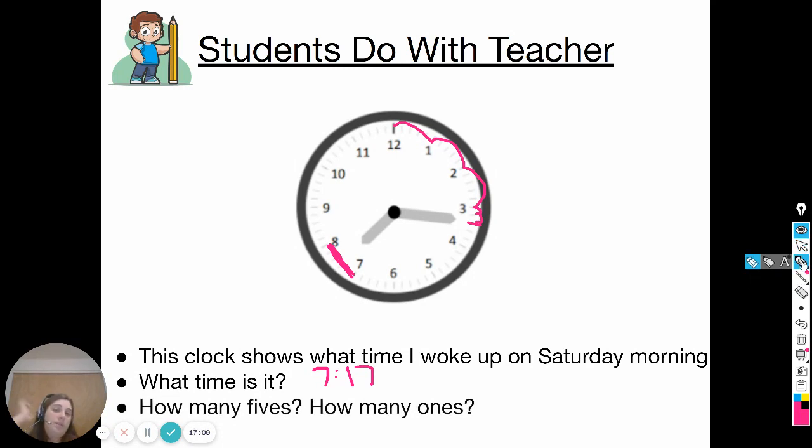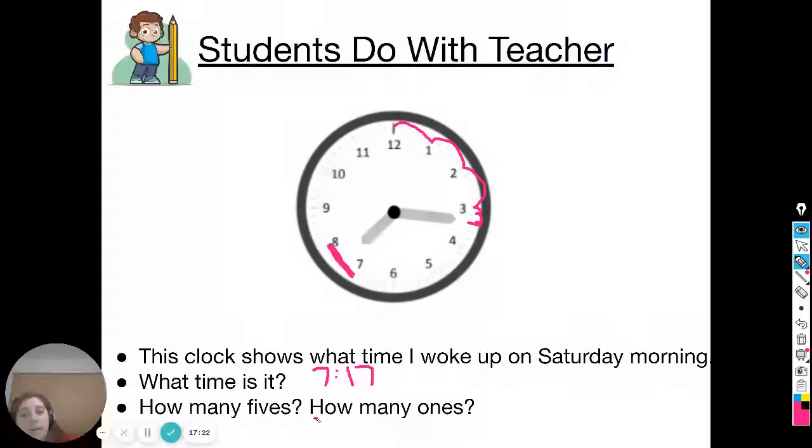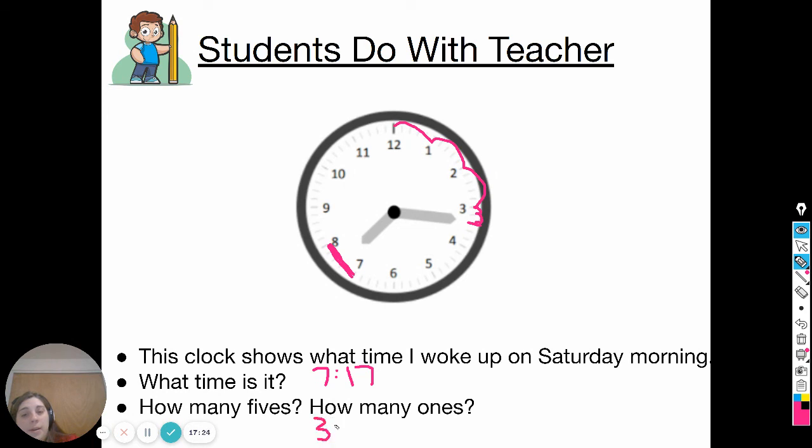Hold it up with your fingers. How many times did we count by 5s? 3 times, right? We counted 5, 10, 15. And then we stopped there. So we counted by 5s 3 times, which makes sense because 3 times 5 equals 15.